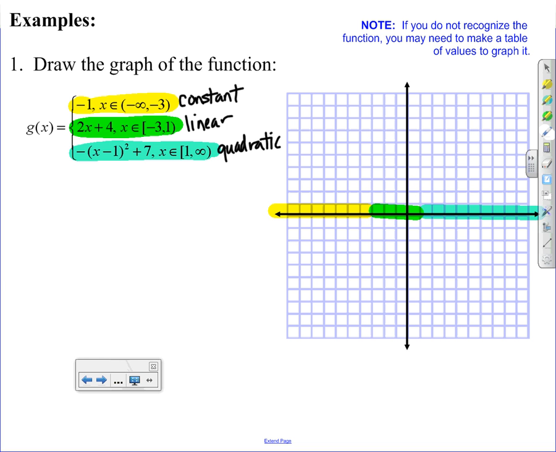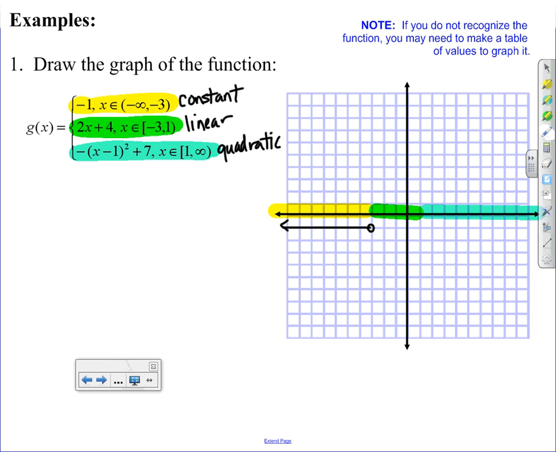So let's start with the easiest one, which is the constant function. This graph is -1 until we reach -3. So at -1, I would draw a straight line until I reach -3, and this goes on to infinity forever, and it does not include -3, so I'm going to have an open circle there, indicating that once we get there, we don't have the line anymore.